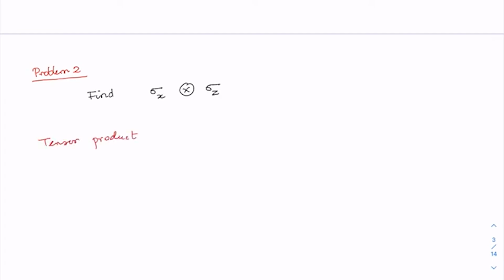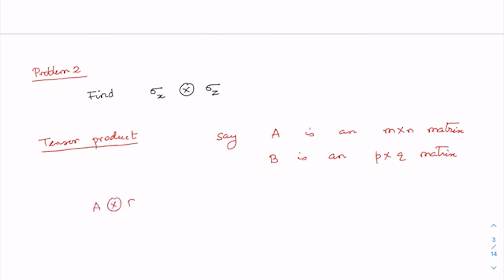Say we have a matrix A, an m by n matrix, and B, a p by q matrix. Then the tensor product of A and B is denoted as A cross B. This is the symbol for tensor product. We have the elements of matrix A as A11, A12 and so on.